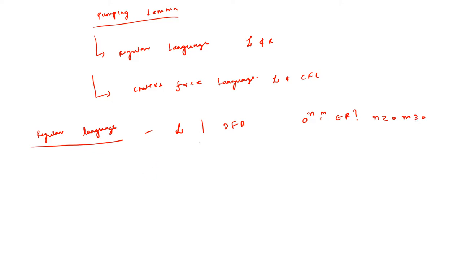So what I'm saying is you cannot use pumping lemma to show that there is a DFA for this language. But let me give you one more language, 0 power n 1 power n, n greater than or equal to 0. Is it possible to construct a DFA for this language?